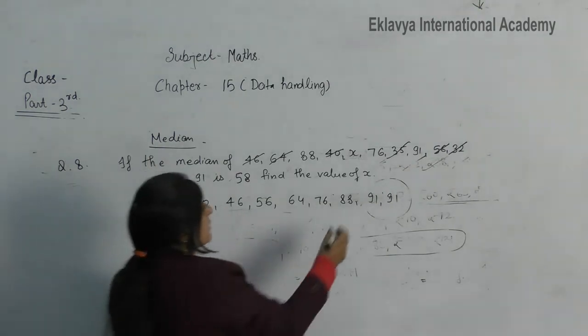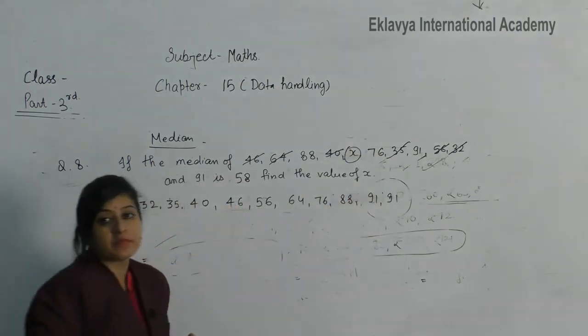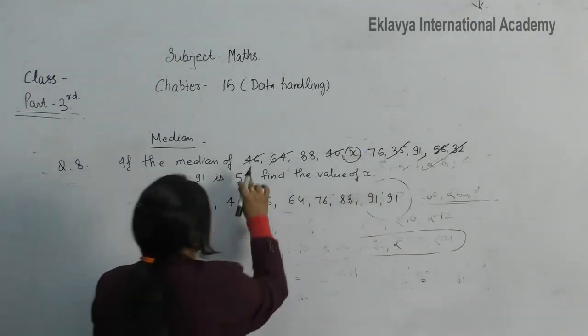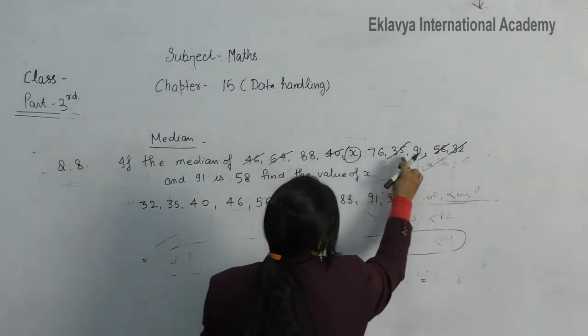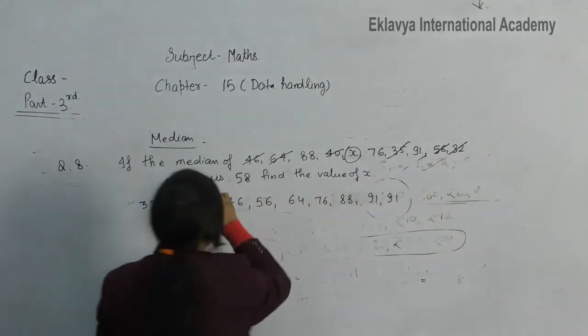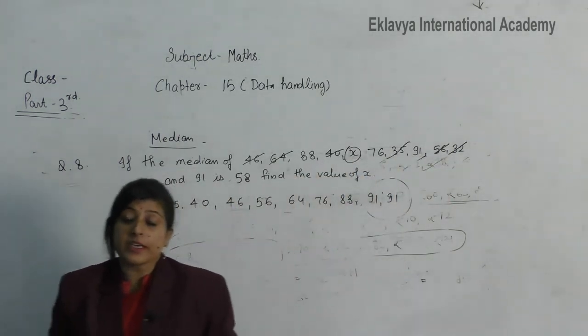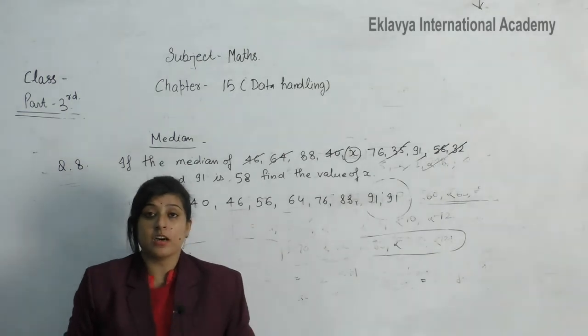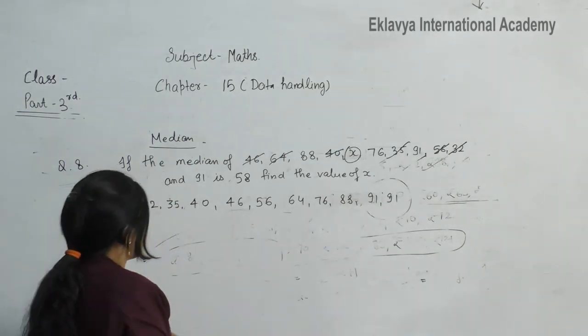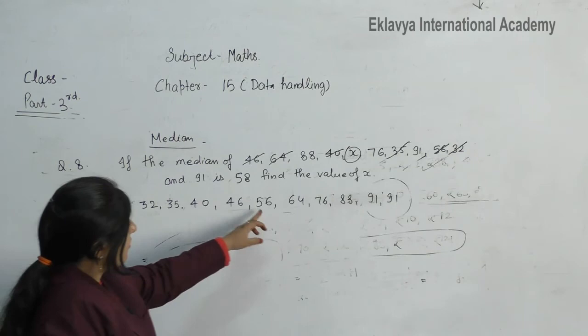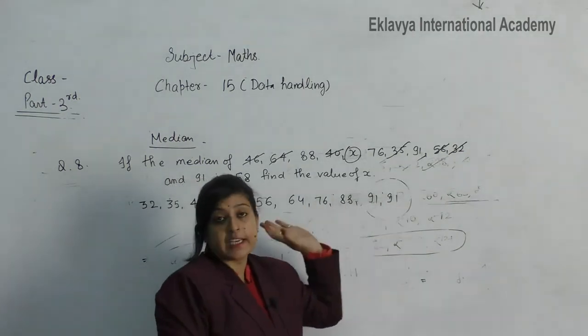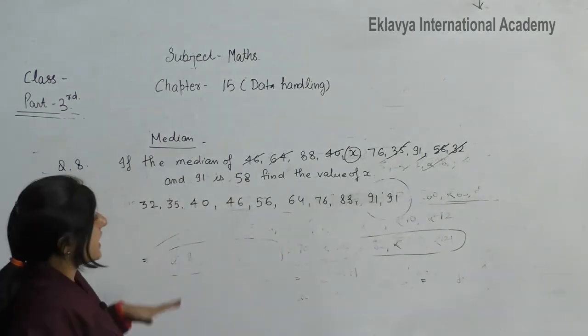Now where should this X be arranged? Firstly, see the number of values: 1, 2, 3, 4, 5, 6, 7, 8, 9, 10, 11. It is an odd number, which means the middlemost value is the median. Now see, there are 10 values here only. Then where do we arrange the X?